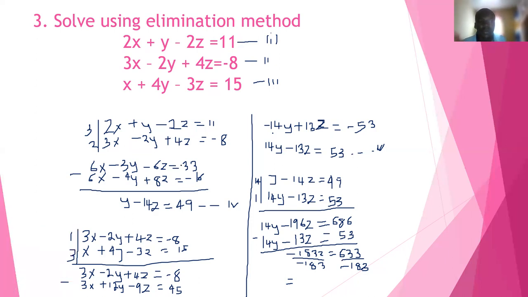This side also we have 3x minus 2y plus 4z is equal to negative 8. So that is 3 by 2 is 6. 3 by 1, oh, the problem was here. Here is negative, but I wrote positive. It's positive, but I wrote negative.